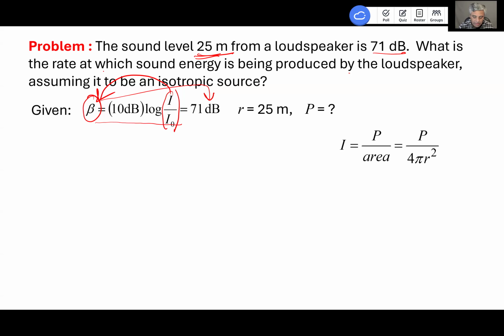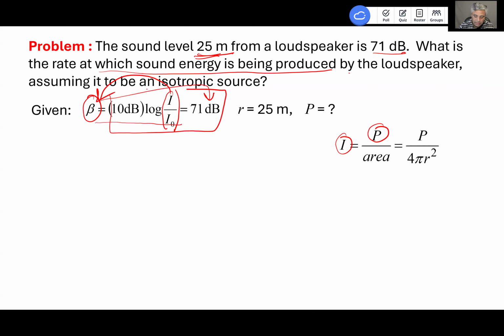Rate at which it's being produced. So it is producing at that rate and then letting it go at that rate. So basically it's talking about power, okay? So to find power, you need intensity, okay?